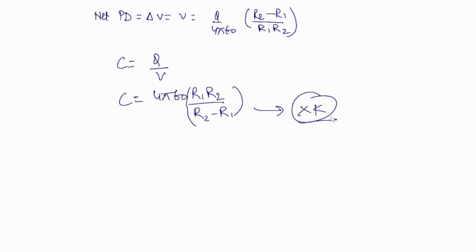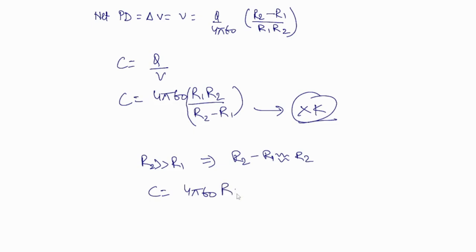And one more special case. If R2 is very much greater than R1, then R2 minus R1 will approximately be R2. So C will be 4 pi epsilon naught, and if you put the value of R2 minus R1 as R2, they will get cancelled out.